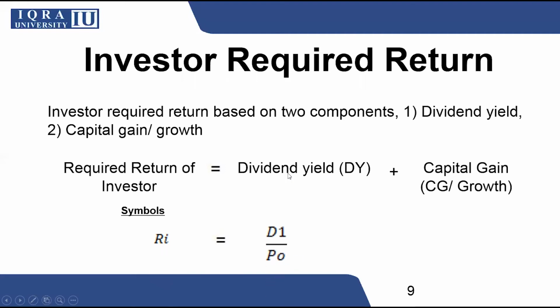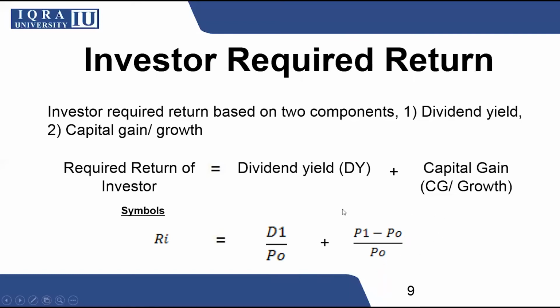And for dividend yield, the return in the form of dividend that the investor receives, we use the term D1 upon P naught. In previous slides, I discussed where we can understand D1 and what is the meaning of P naught. And second is, students, we take capital gain. Capital gain is the difference of the price at the end of year 1 and the current price, and it is divided by P naught.